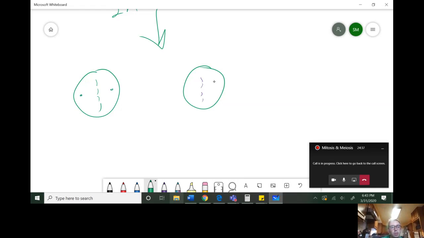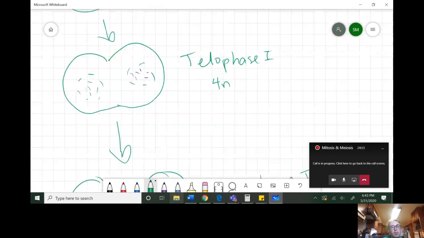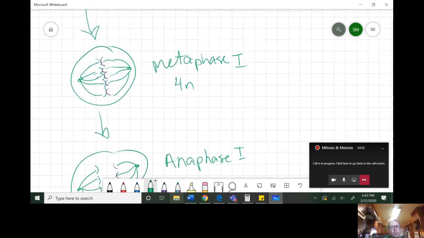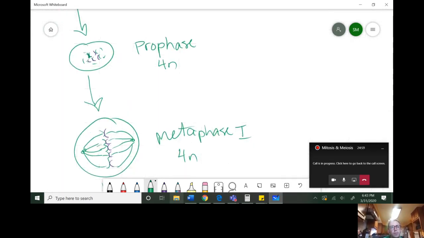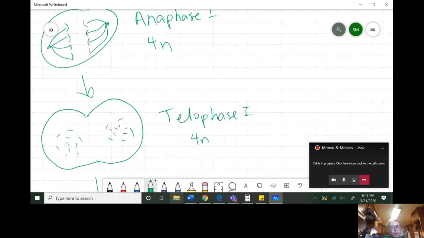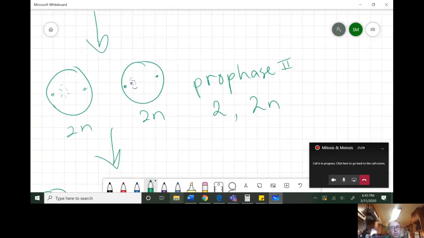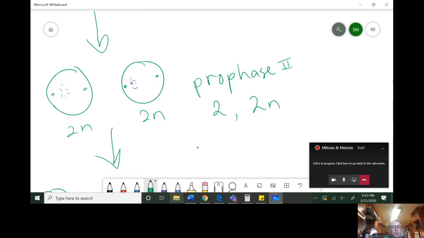But now we don't have any duplication like we did in prophase 1. This should actually be in an interphase, I think. I'm going to have to double check this, but I believe this is called interphase.